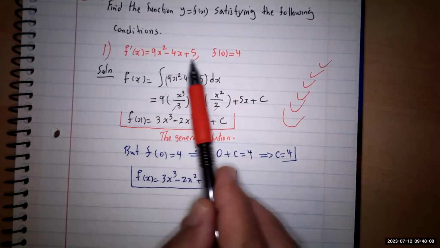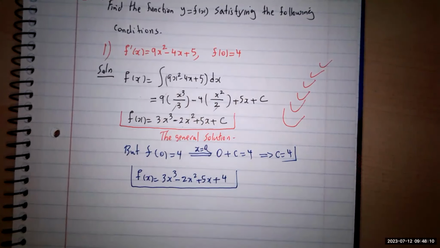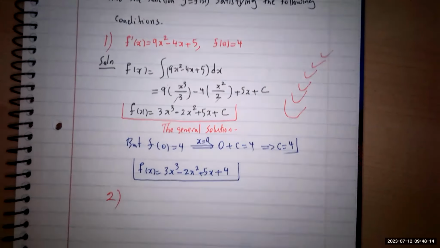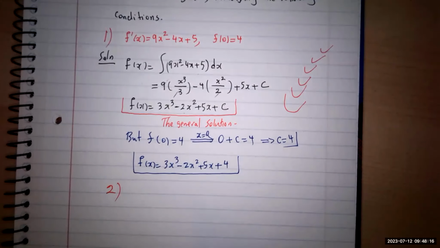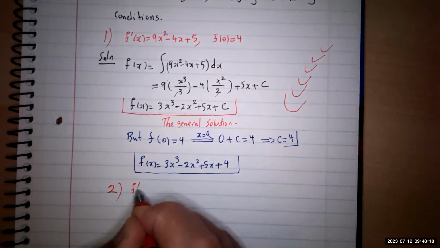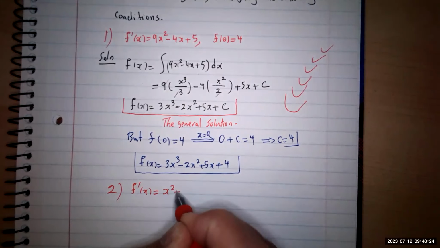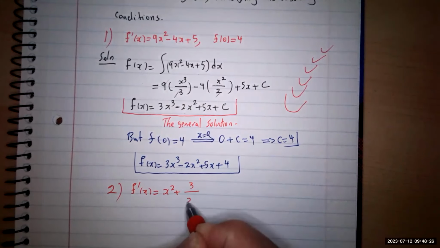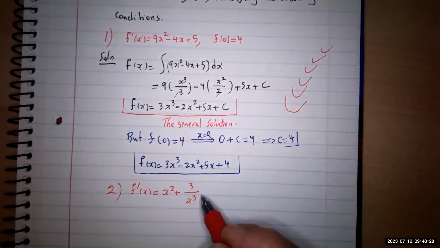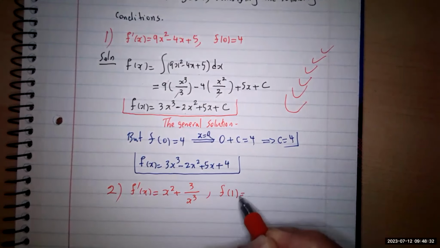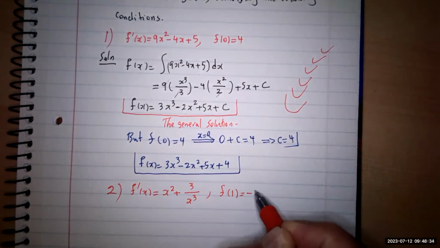This is a polynomial type. I give you some fractional type. So that's number 2. Again, one question, 2 parts for your quiz. So f prime of x is equal to something like x squared plus 3 over x cubed, like in your book. And the initial condition is that f of 1 is equal to -2.